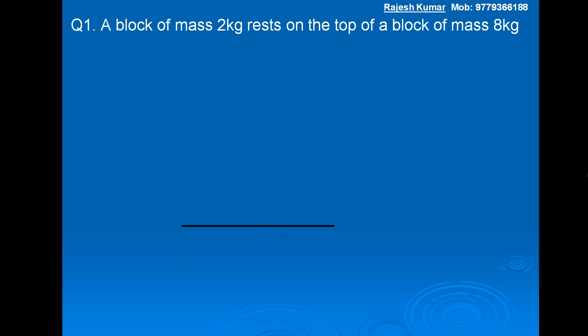Suppose this is a level surface. A block of mass m1 equal to 8 kg is placed over it, and on this block another block of mass m2 equal to 2 kg is placed.